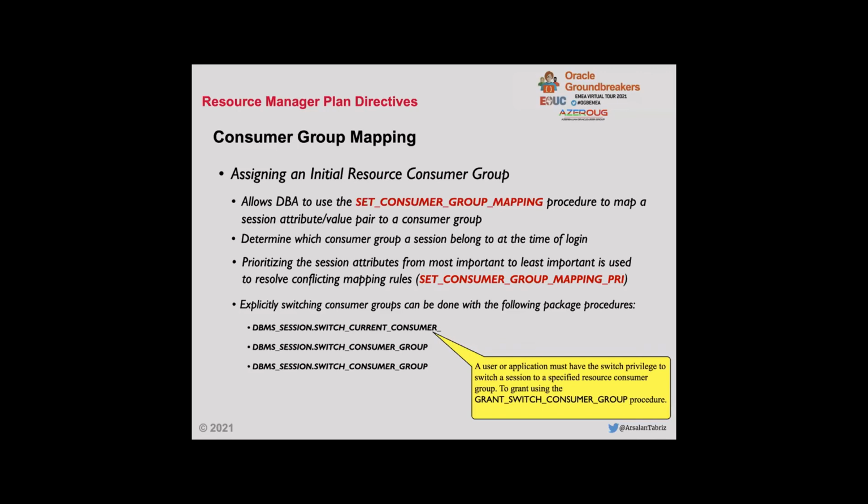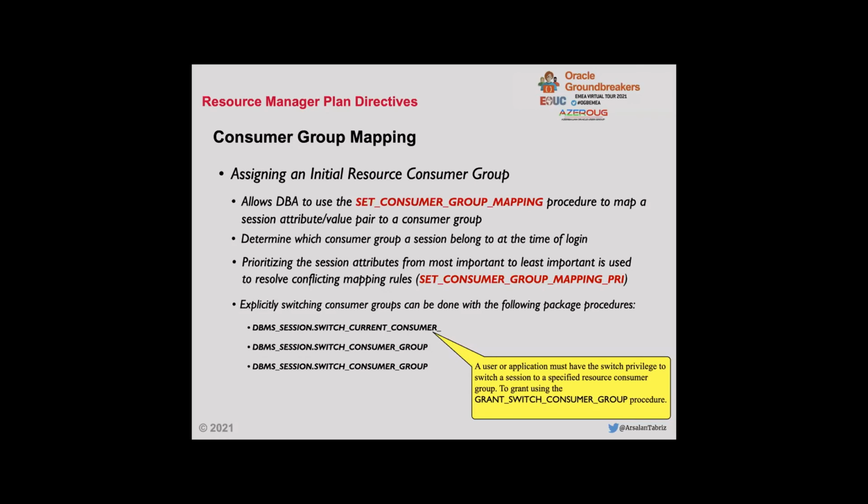The plan uses the emphasis CPU allocation policy by default, and each consumer group uses the round-robin scheduling policy. So for switching between these plans, you can use consumer group mapping.